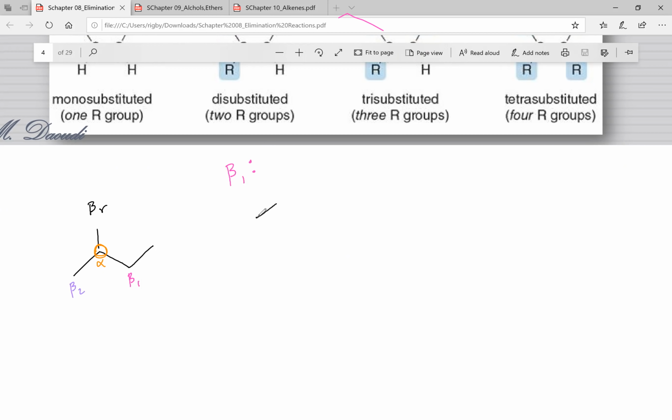If we take a hydrogen from beta 1 and make that our double bond, we end up with this product right here. And if we take the hydrogen from beta 2, then we end up with this. We can see that the beta 1 product is di-substituted, and the beta 2 product is mono-substituted.